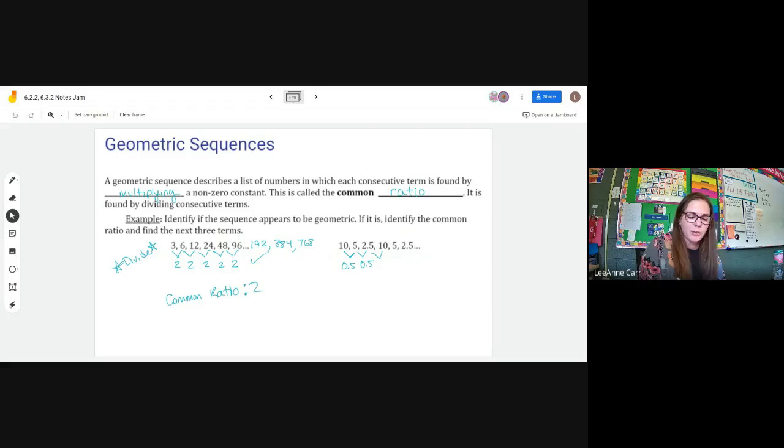Here, remember, you always do the second divided by the first. So we'd actually be doing 2.5 divided by 5. You always do the next term in the list divided by the term that you're at. So here, 5 divided by 10 was 0.5. 2.5 divided by 5 is 0.5 as well.